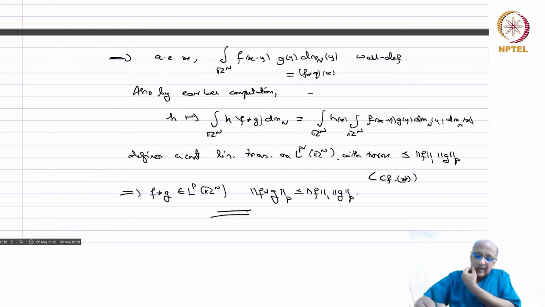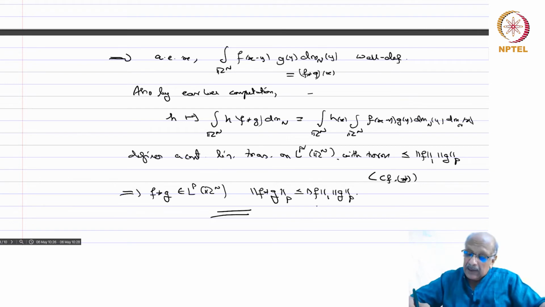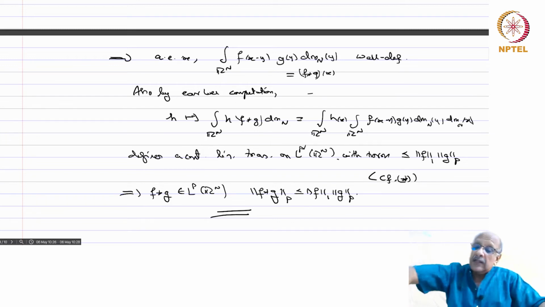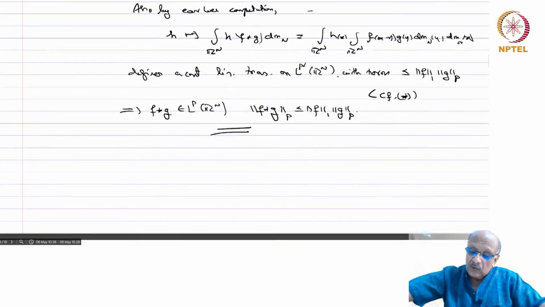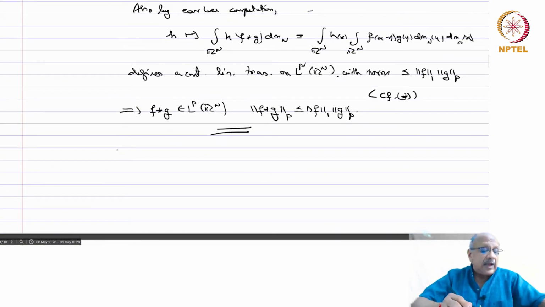So this is a nice technique. If you want to show something is in Lp, one way is to show that it is p integrable. The other way is to multiply it by an Lp dash function and show that this defines a continuous linear functional on Lp dash. And here we did that, and we used Fubini's theorem to do this.